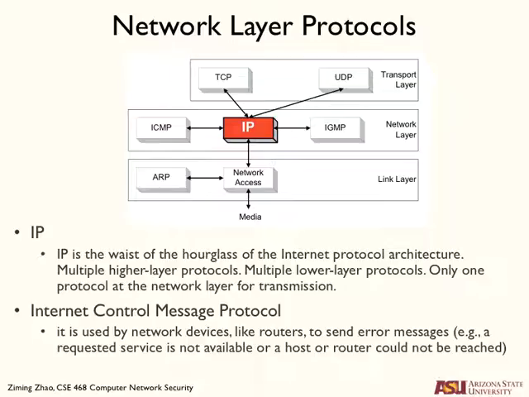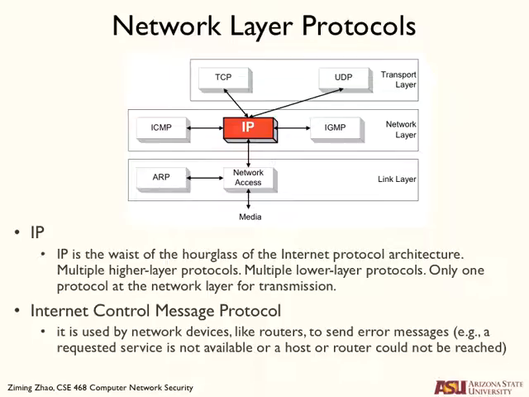We all know that many times the only network layer protocol we are using right now is IP. This is not exactly true because we have several other protocols. They were there to help the IP protocol. For example, ICMP, Internet Control Message Protocol.